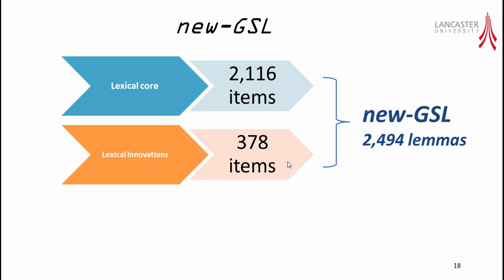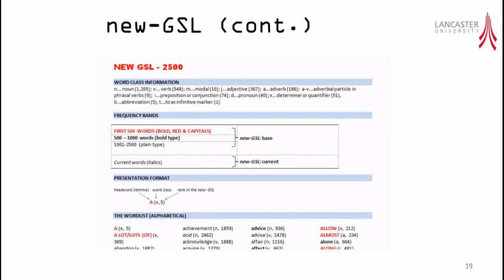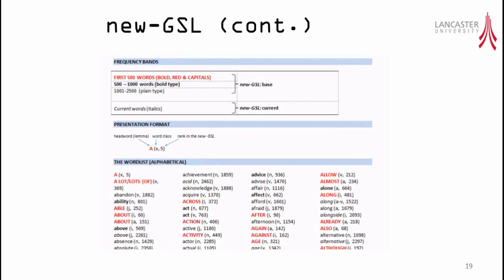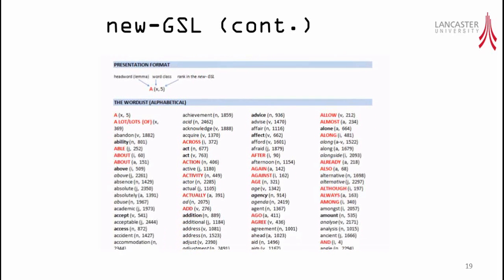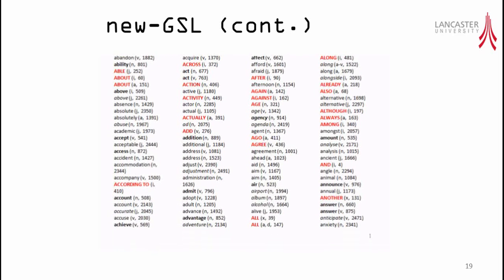Just to give you an overview, the new general service list is a list of items ordered alphabetically. However, the general service list gives you also information about the frequency of the word, about the part of speech, and the rank of the words among the 2,500 items.